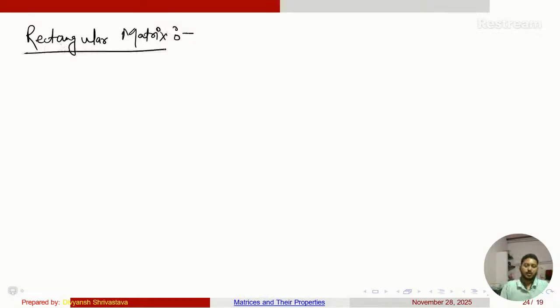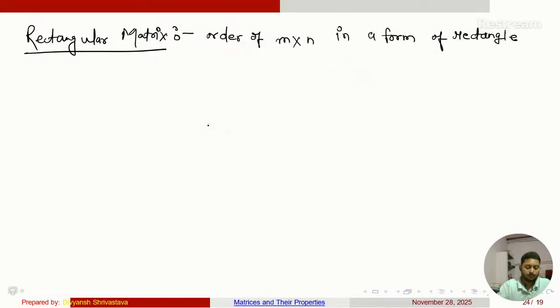A rectangular matrix is a matrix given in order m cross n, in the form of a rectangle, such that m is not equal to n. It is called a rectangular matrix.